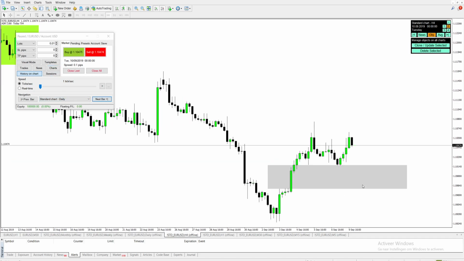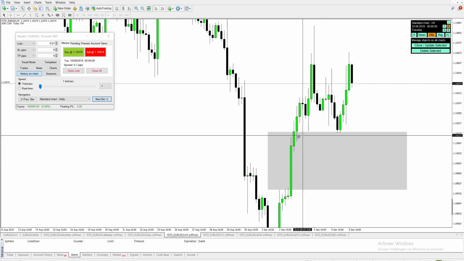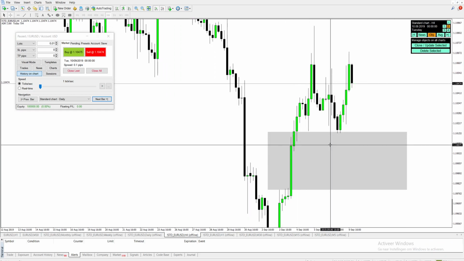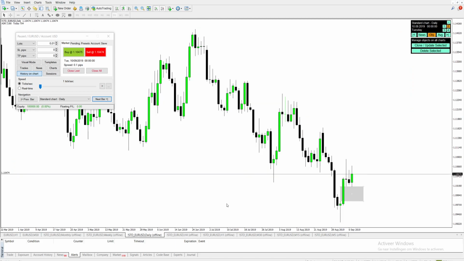Alright, so did we poke into that fair value gap? I think so. Just ever so slightly. The thing with the simulators, I cannot see DXY, so I cannot compare it. That's a shame, so I cannot look for SMT, right? Which is powerful when you're trading certain reversals.